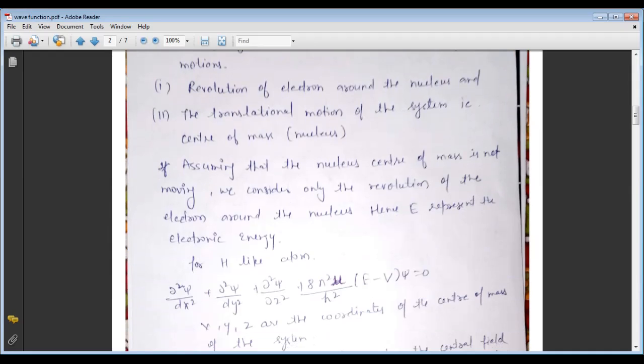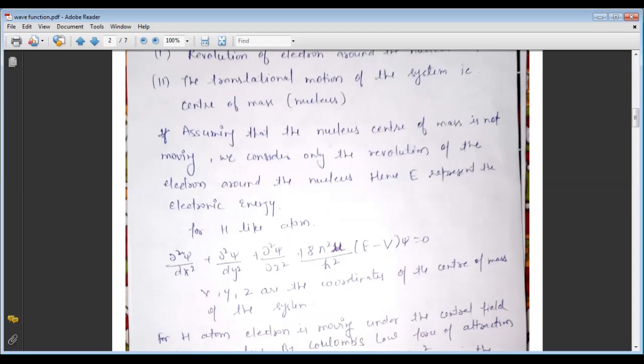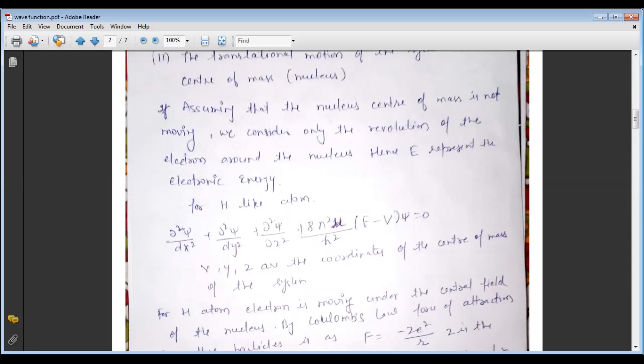Assuming that the center of mass is not moving, we consider only the revolution of the electron around the nucleus, where E represents the electronic energy. So d square psi upon dx square plus d square psi upon dy square plus d square psi upon dz square plus 8 pi square mu upon h square (E minus V) psi is equal to 0.